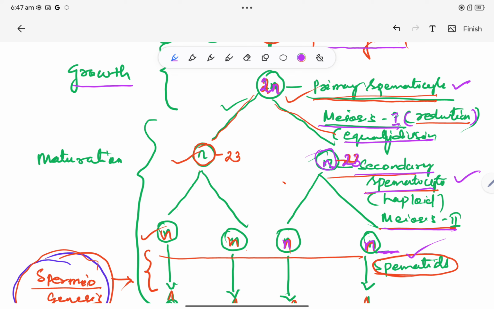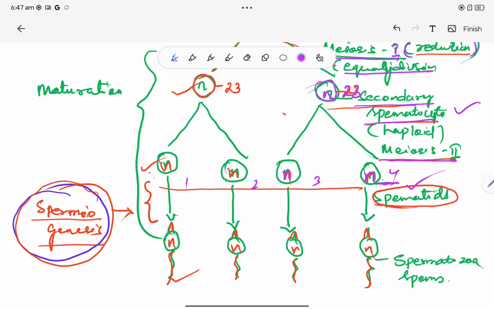So from a single primary spermatocyte, two secondary spermatocytes are produced. Now from each secondary spermatocyte, two spermatids are produced. So as a whole, from a single primary spermatocyte, how many spermatids are produced? Four spermatids are produced. Remember, these steps you have to remember.